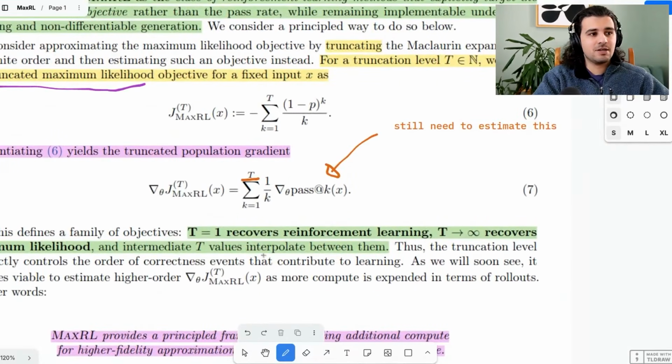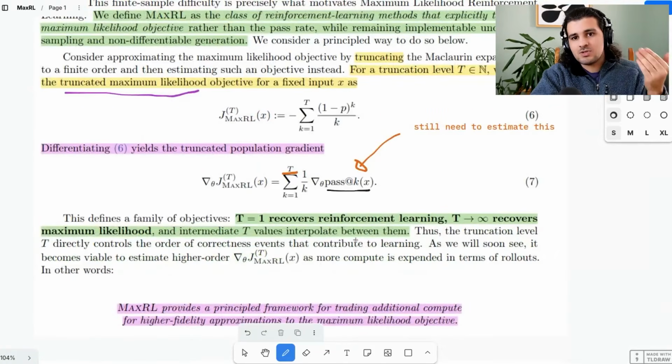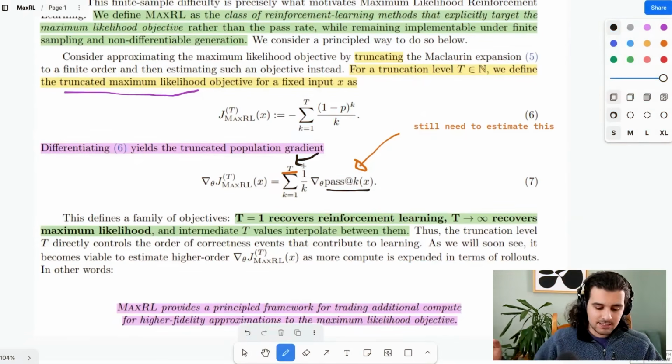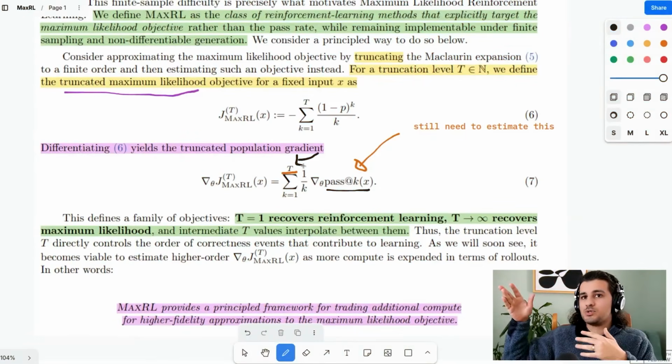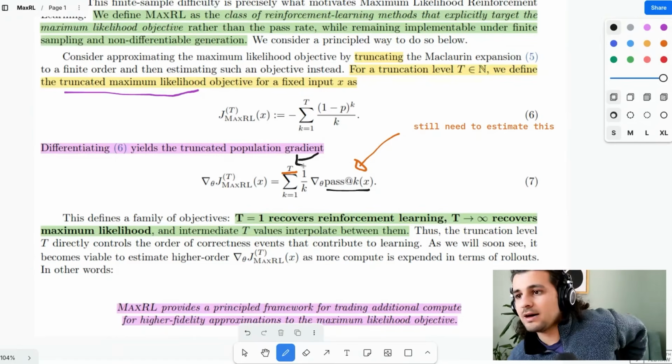We're still in theory, because to figure this out, yeah, you have to estimate it, right? So the next step is to estimate it. And how do you choose your T? This connects to the whole literature about inference time scaling, of just making more rollouts, hoping that you're going to get the right stuff, verifying it, and then your performance should improve with pass at like 2000 or something like that.